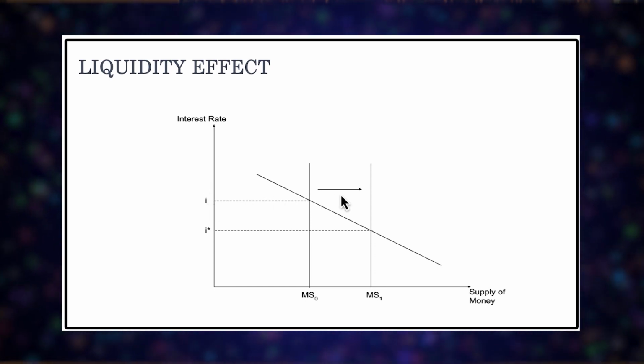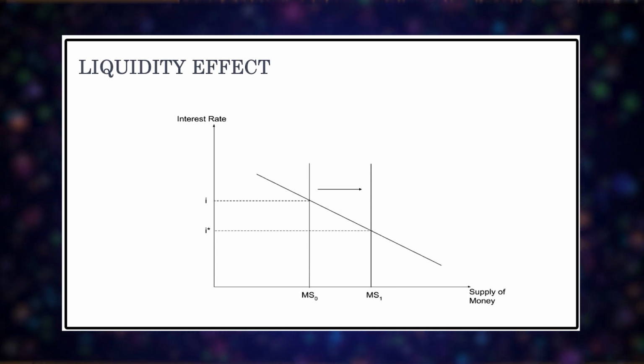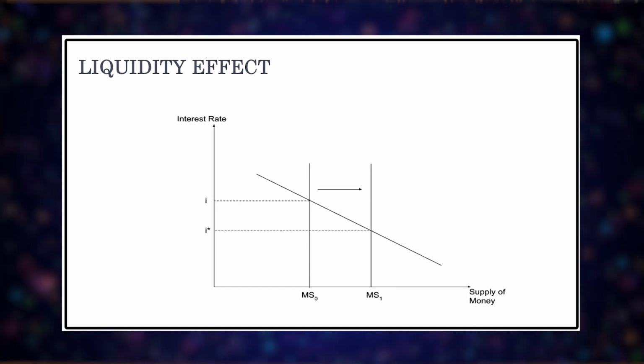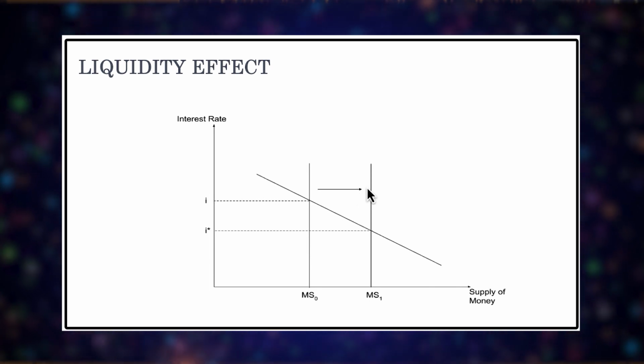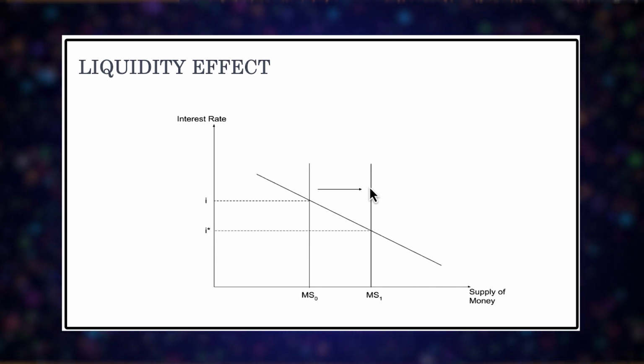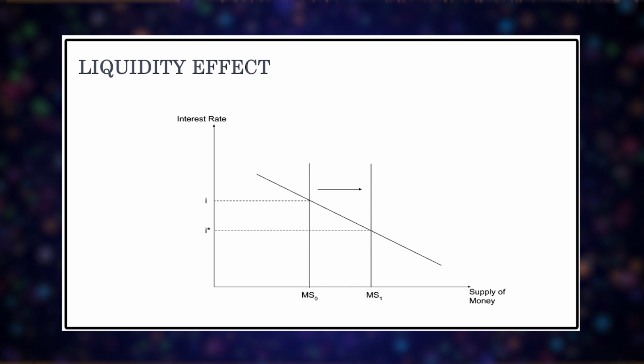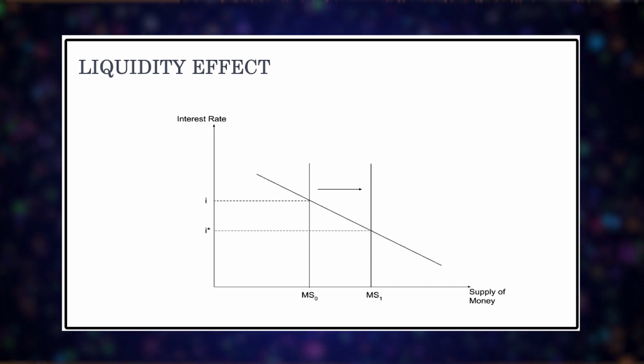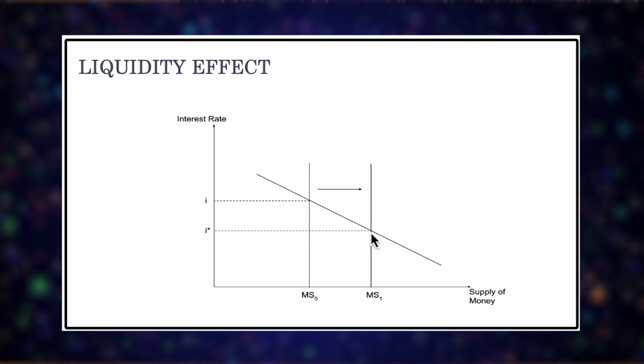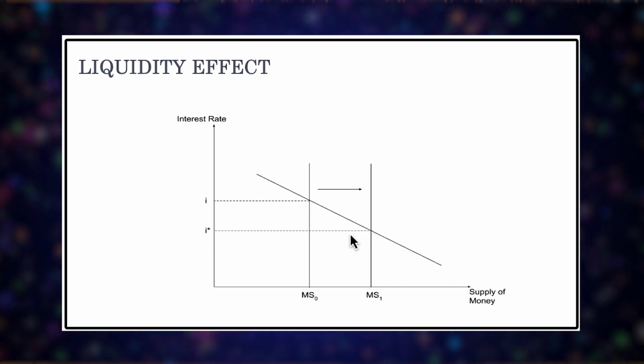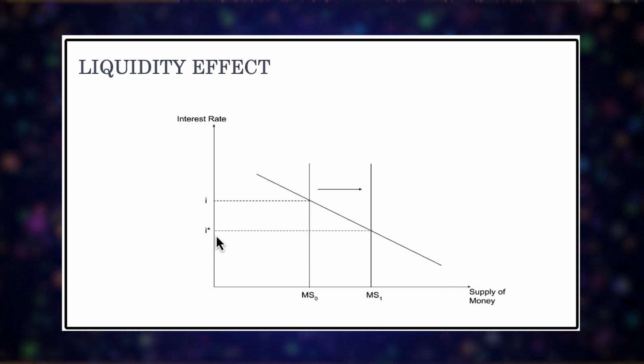As the supply of money rises, we find the money supply schedule shifting to the right to a new line MS1, and it intersects the demand for money at a lower level of interest rate, I star.